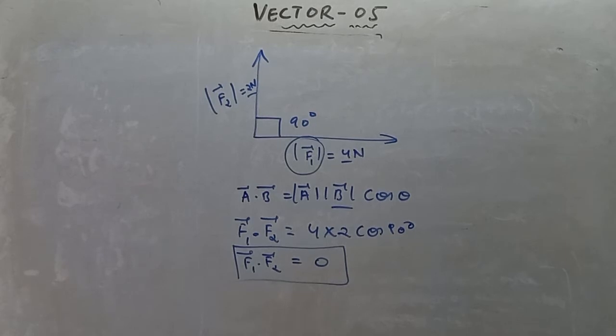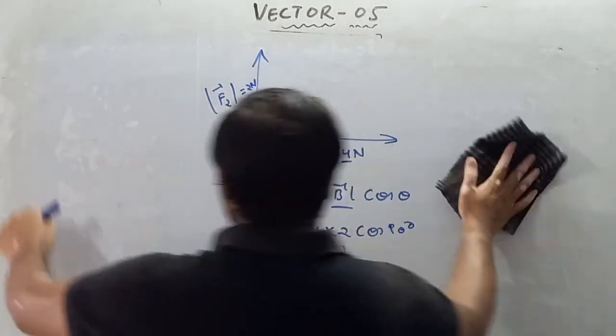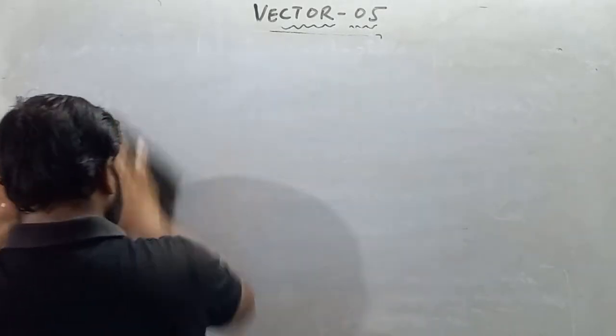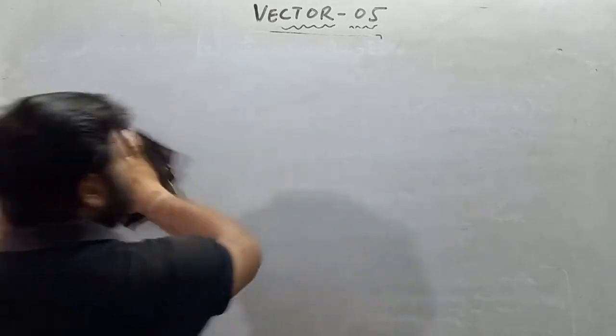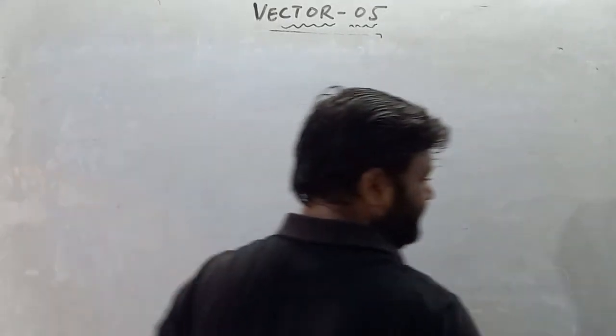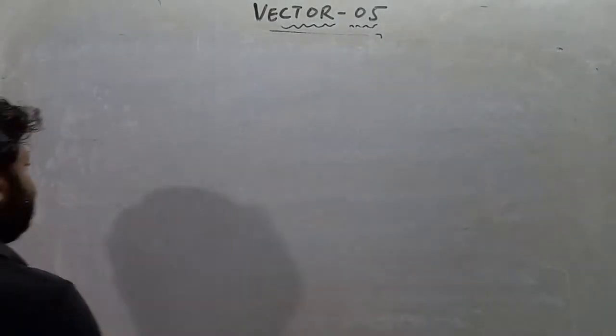Now we are moving forward with the vector product, or we can say cross product. So write down the new product rule. It is the cross product of two vectors. Write down cross product of two vectors.